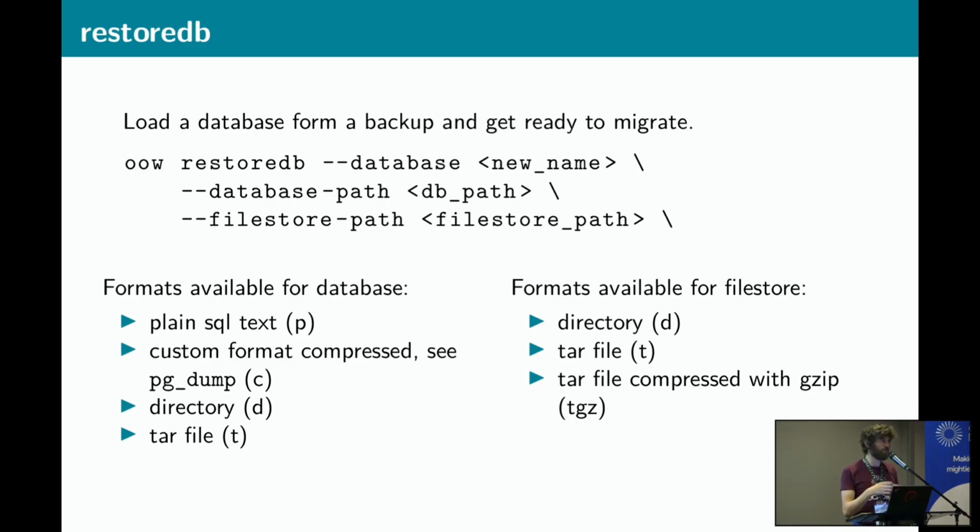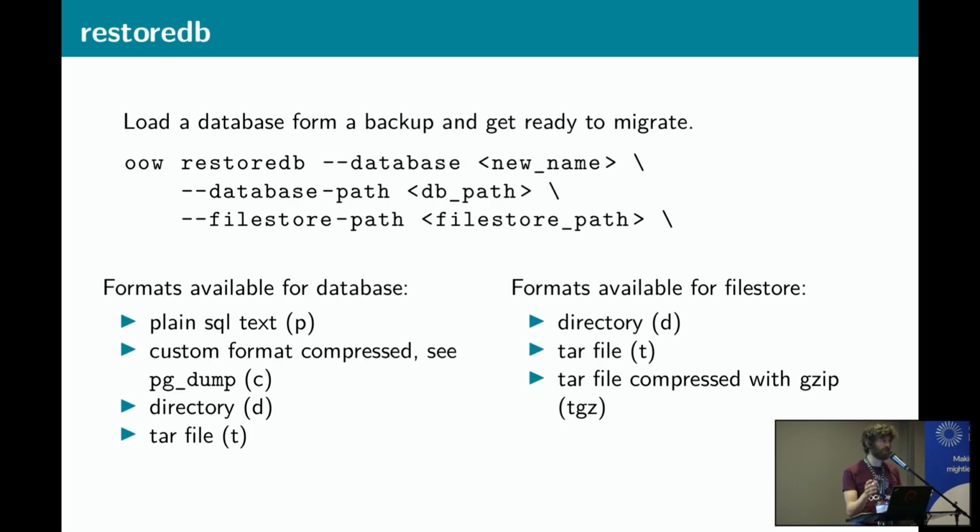It's based on pgdump and pgrestore, and the file source should be like a tar file or something like that. These are the formats we support, and there can be more in the future if you want to contribute, but we have enough with that for now.